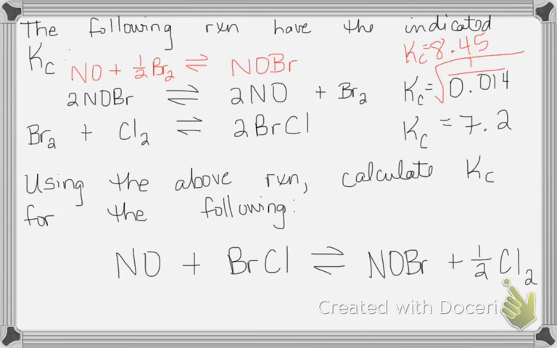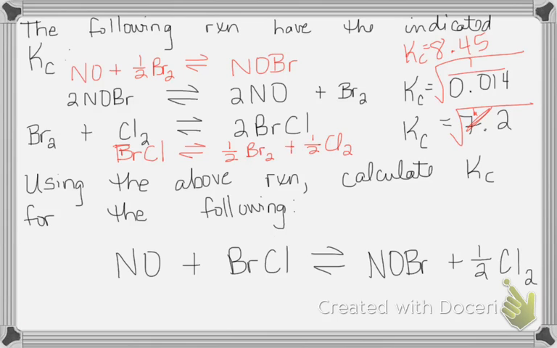So take that equation and flip it. And when I flip it, it's going to put the BrCl on the reactant side and the bromine and the chlorine on the product side. And I'm also going to go ahead and cut all those coefficients in half. So that means you take the square root of the Kc over 1. Exactly. That Kc, I also have to take the square root of 1 over it.